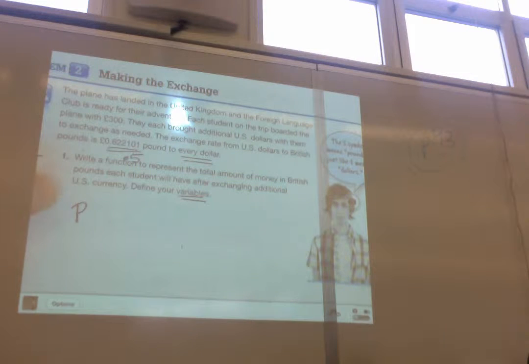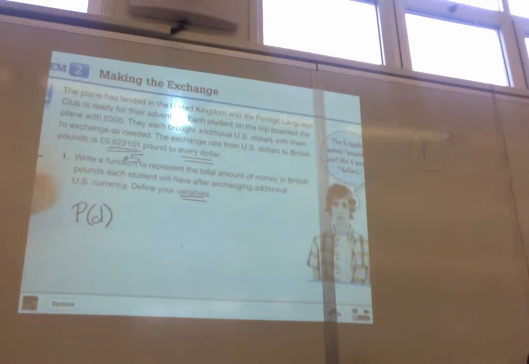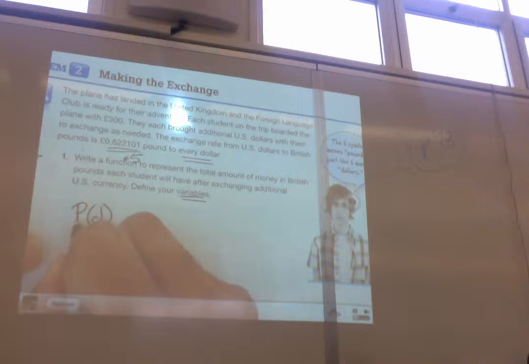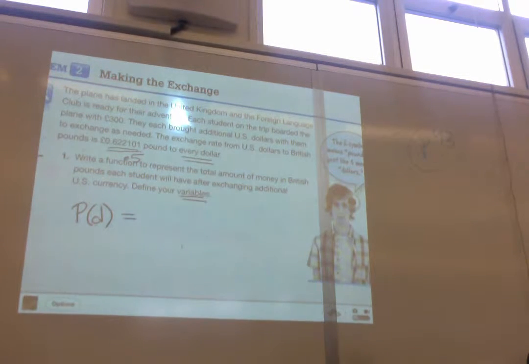What are we exchanging pounds for? Dollars. So if you want to end up in pounds and you're trying to figure out if I'm bringing over dollars, how many pounds do I have? We'll call it a function of P for every dollar D. How many pounds can we get per dollar D? So the students are starting out with a certain number of pounds to begin with.